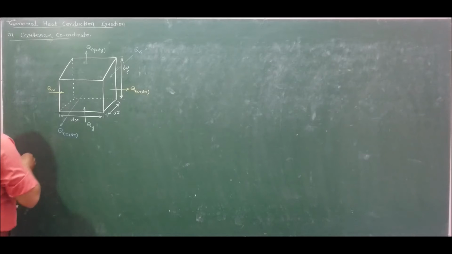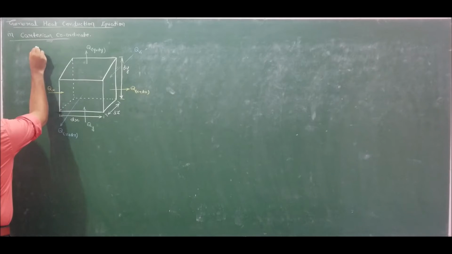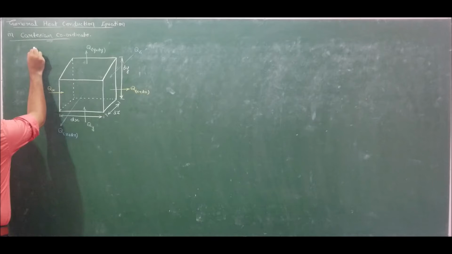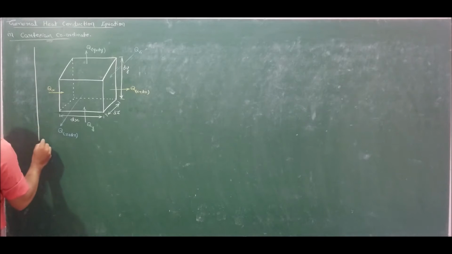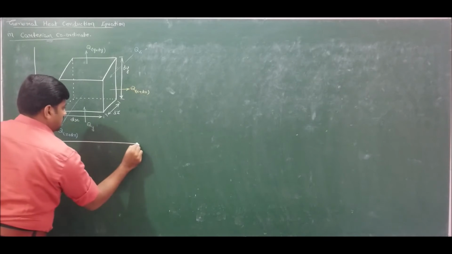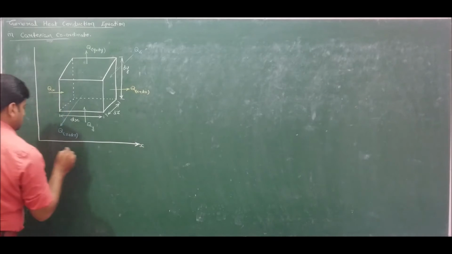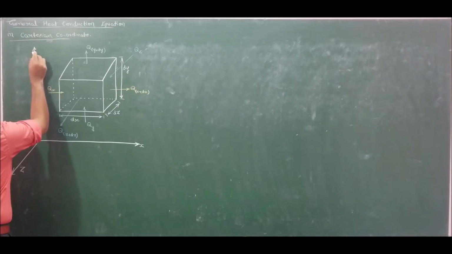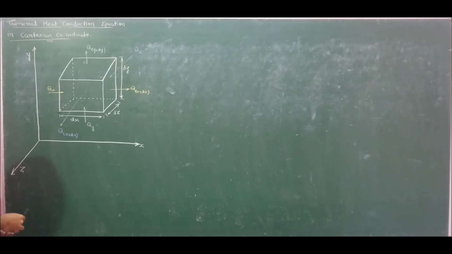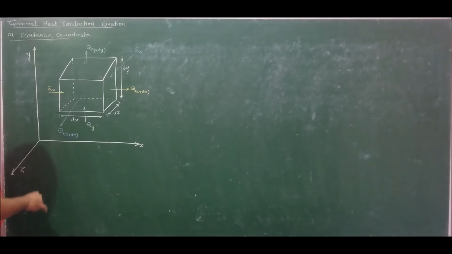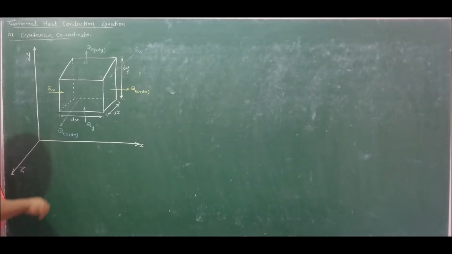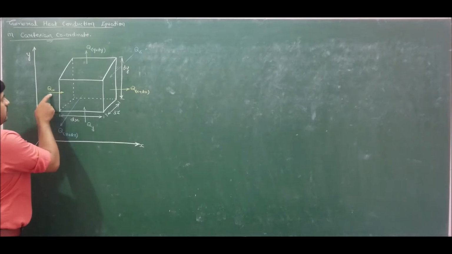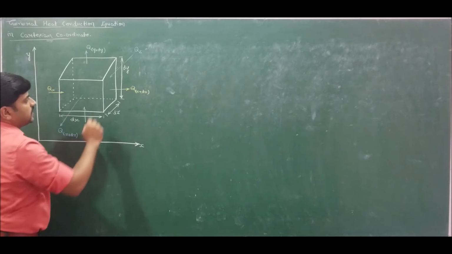Now let me place this in a Cartesian coordinate system like this. Let this be the x-axis, this the y-axis, and this the z-axis. So we are considering an elemental volume as shown in the figure, in which the heat entering the volume is qx in the x direction and leaving is q of x plus dx.